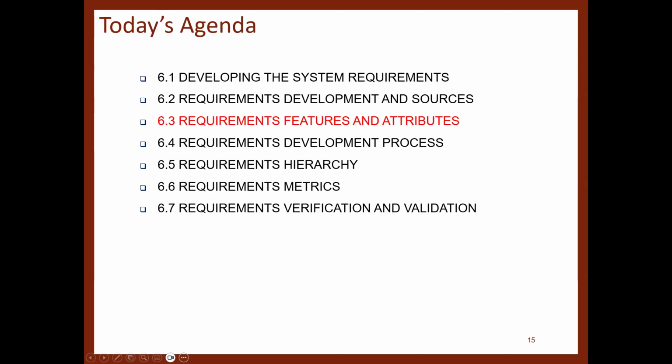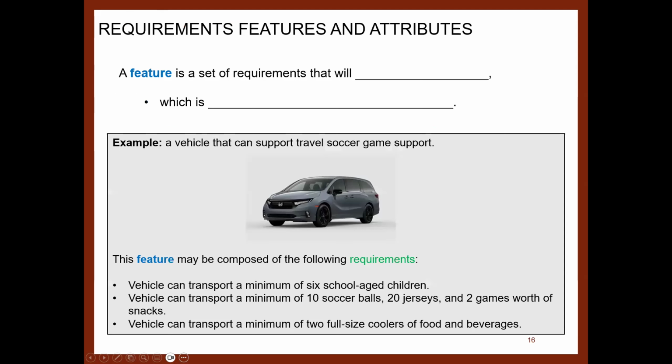Okay, so in terms of features and attributes, a feature is a set of requirements that will satisfy an objective. So basically, this is like a group based on your requirements. This feature is satisfying this objective, which is typically at a higher level of abstraction.